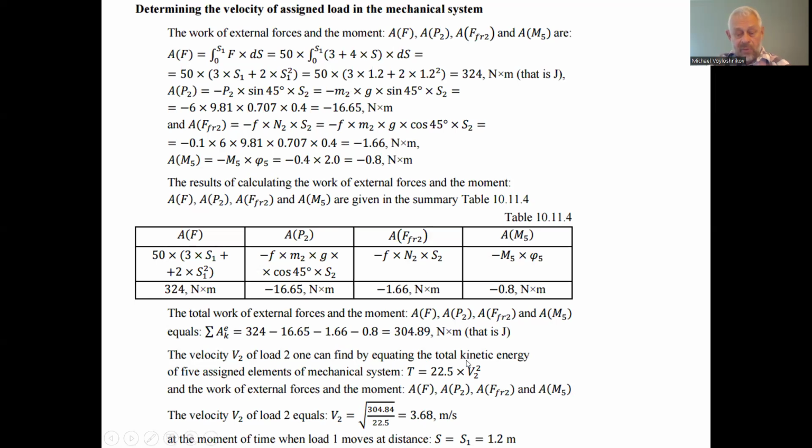When it goes for 1.2 meters, the work of the external forces will be equal to 304.89 newton meters. We just equate this to the kinetic energy from the state of rest of the mechanical system, so we have only the final kinetic energy. After equating 304.89 to 22.5 times V2 squared, we can find V2 squared.